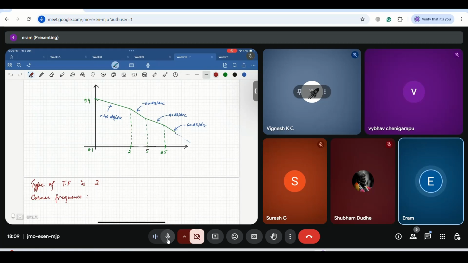If you write in time constant form, the corner frequencies are nothing but 1 by T. So we have 2, 5 and 25, right?